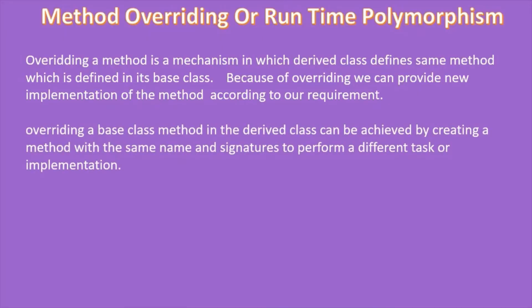Overriding a base class method in the derived class can be achieved by creating a method with the same name and signature to perform a different task or implementation.